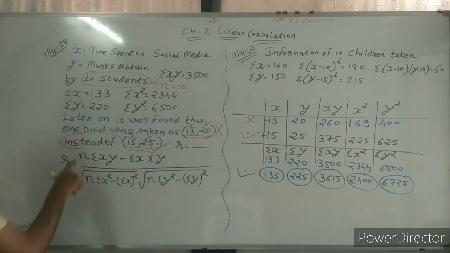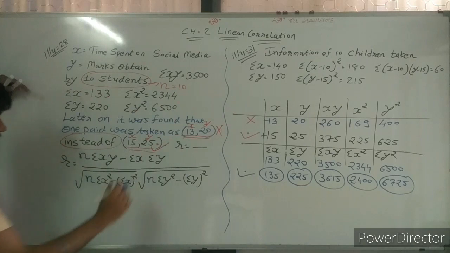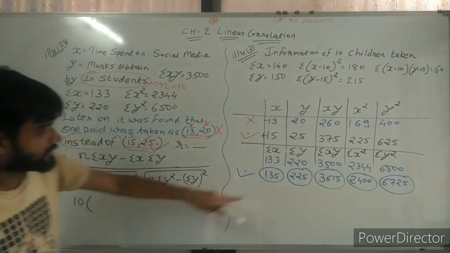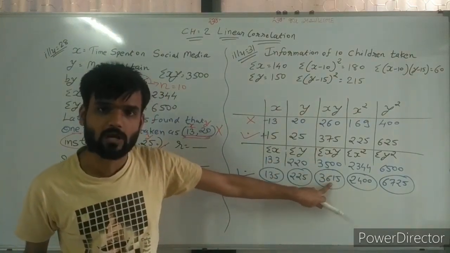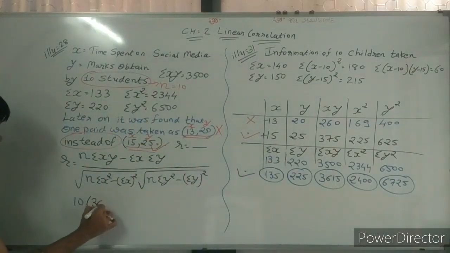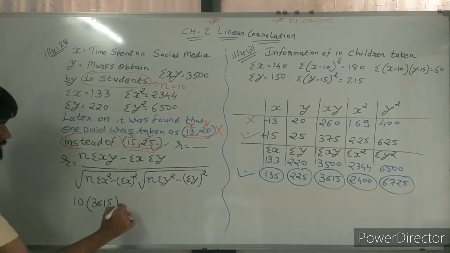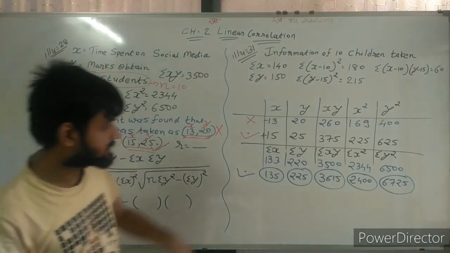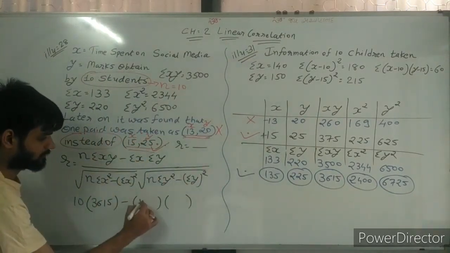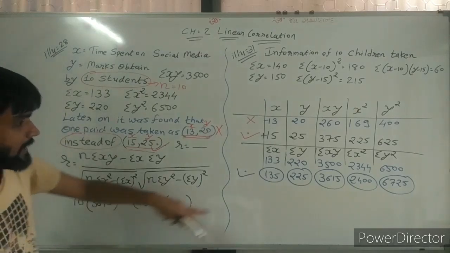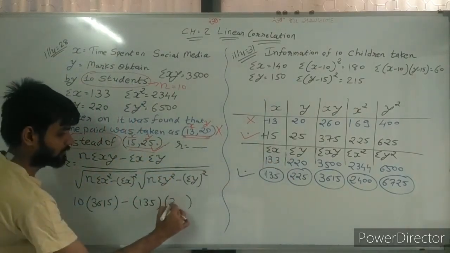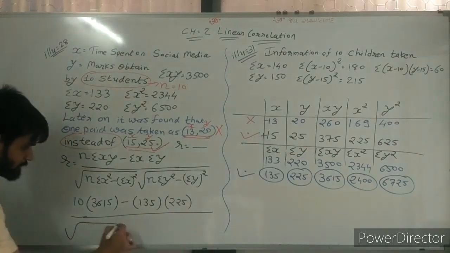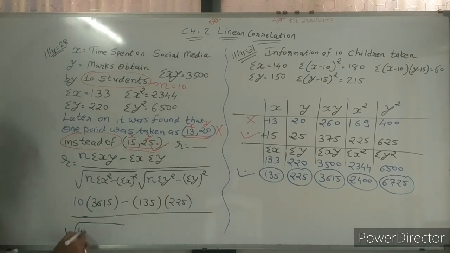Now, just replacing values. n, sir, we know the value of n is 10, so write down 10. Sigma xy, sir, we know sigma xy is 3615 now. 3615 minus sigma x, sigma y. So sigma x is 135 and sigma y is 225. Divide by root, again n is equal to 10.